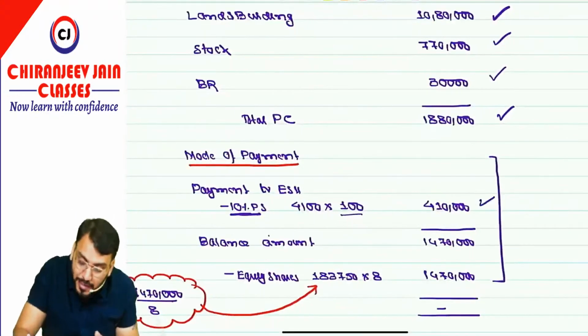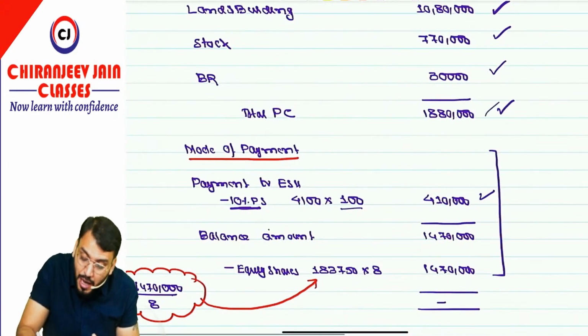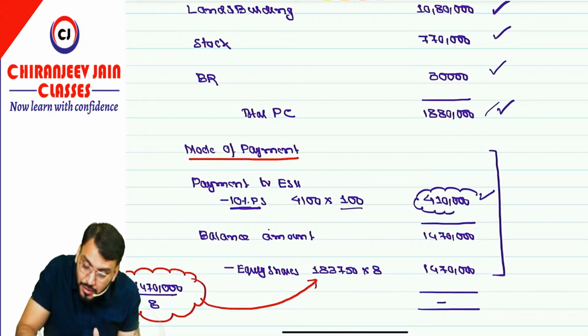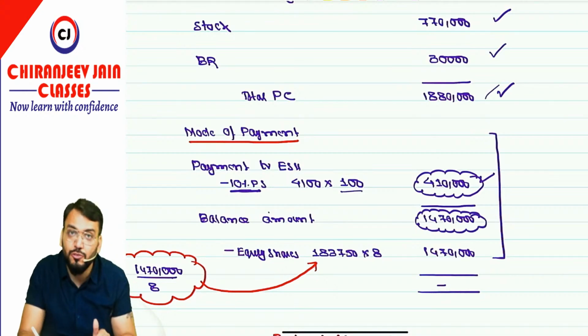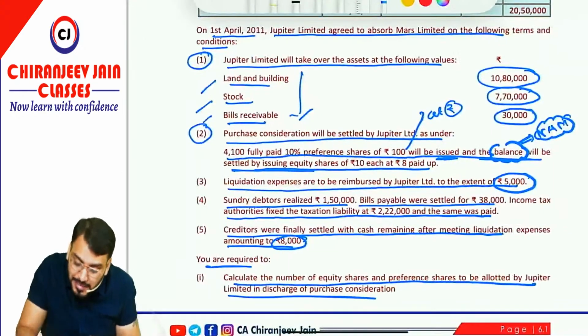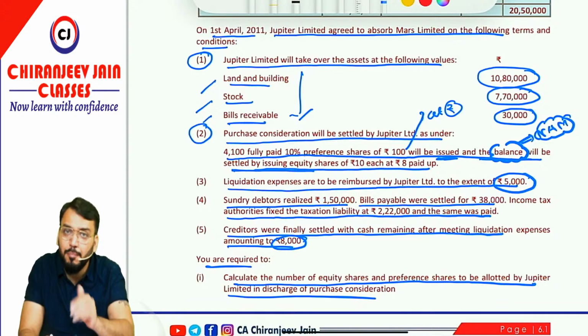So out of these, how much preference share is issued? 4,10,000. So the balance will be the amount of equity shares issued. They have said the balance will be settled by issuing equity shares of rupees 10, rupees 8 paid up, meaning partly paid up.